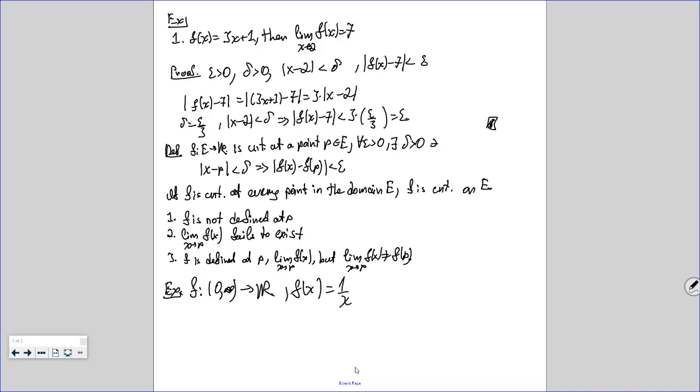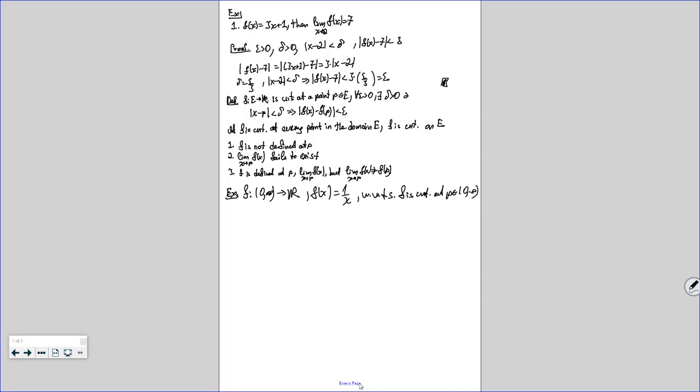We want to show that f is continuous at p, which is in (0, infinity). To understand the intuition, let's first draw this function. From this plot, it's obvious that the function is continuous, but we need to give a rigorous mathematical proof.